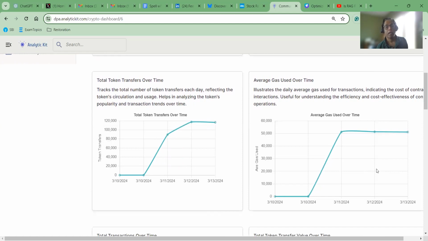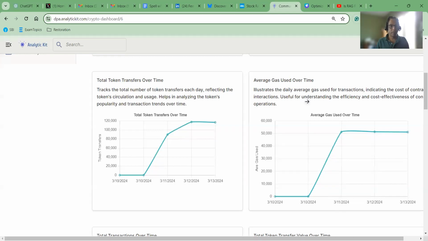You can also identify whether you need to fine-tune your Ethereum application so that it consumes less gas for your customers. All this information you can collect and adjust based on the average gas used over time graph.